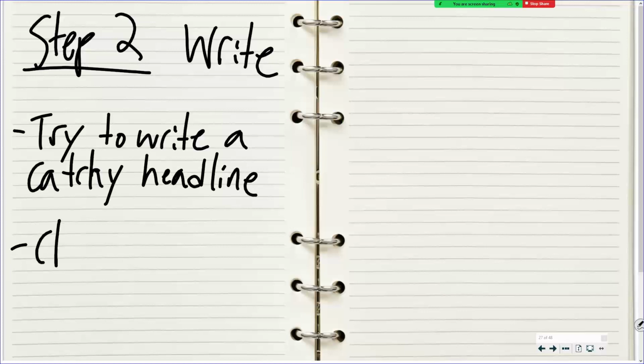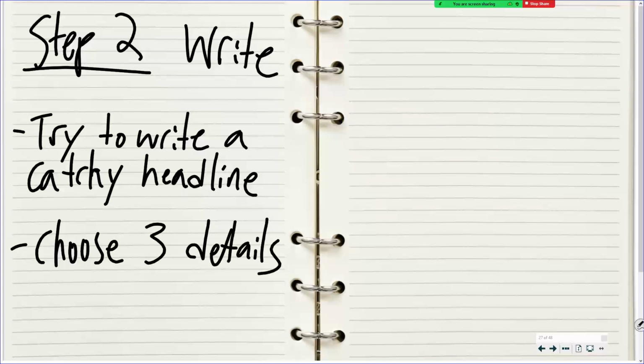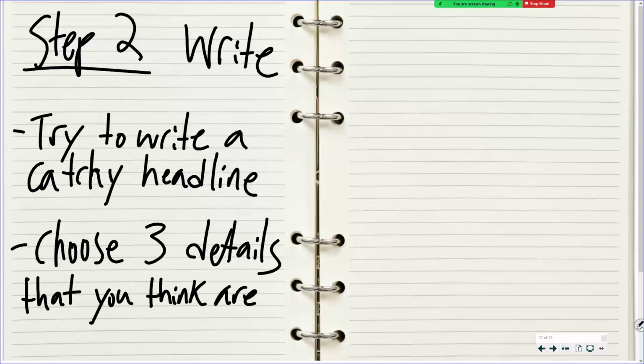Maybe choose three details that you think are the most important, right?